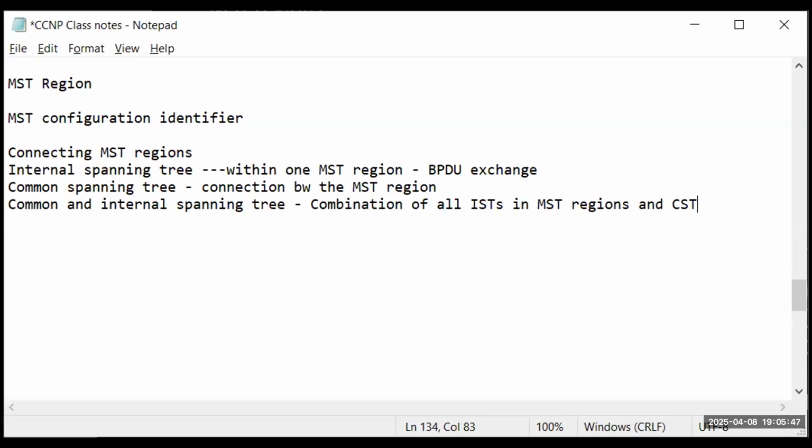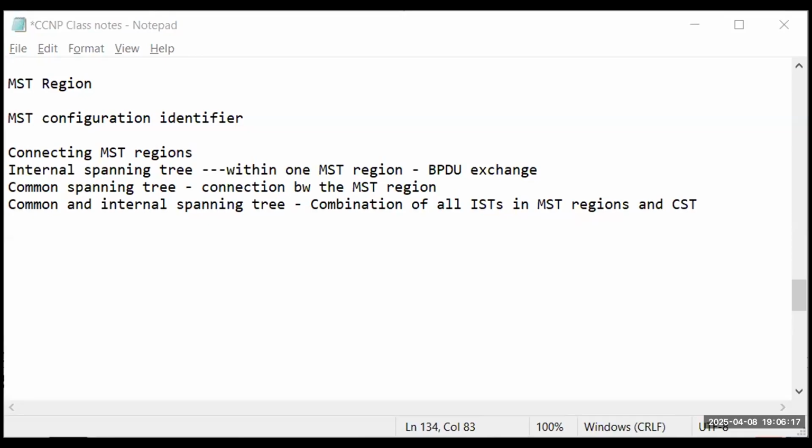So there will be only one CST. For ISTs, we can create multiple MST regions. Here we have two regions, a root and a non-root region, with boundary ports in between.